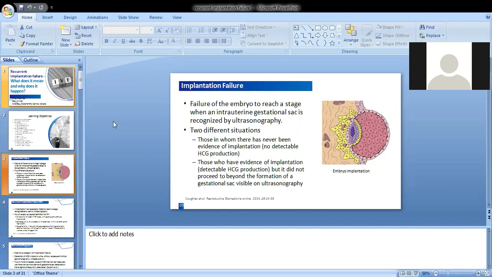One group of patients where there has never been evidence of implantation, that is a negative HCG report or no detectable HCG production on blood or urine test. Or another group of patients who had evidence of implantation, that means we got a detectable HCG level, but it didn't proceed beyond that to the formation of a gestational sac visible on ultrasonography. That is what we call a biochemical pregnancy.